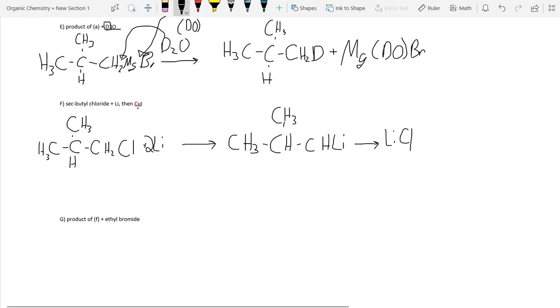So now what happens when we take this, the CH3, CH3, CHLi, and we add the copper iodine. What's going to happen is you're going to have two of these actually.